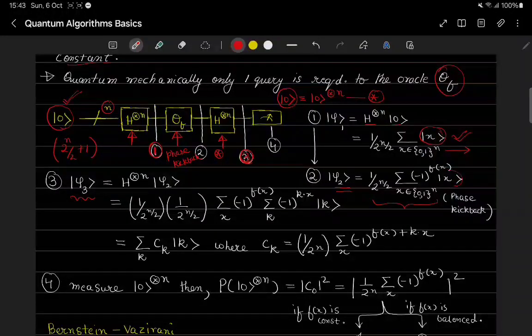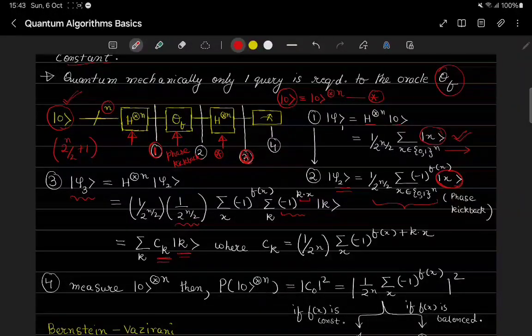We have to just act with the Hadamard gate on this particular basis state, and this introduces a factor of 2^(n/2), which depends on how many qubits we have, and then it has the factor that is introduced due to the action of the Hadamard gate with this binary dot product that I discussed in the previous video.